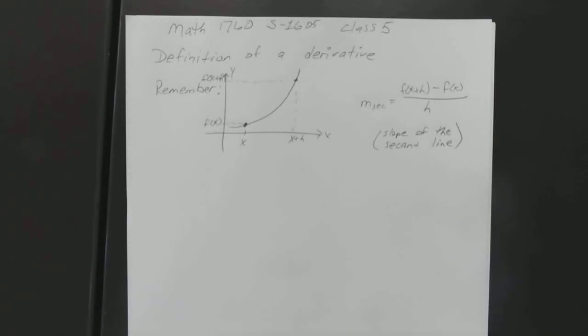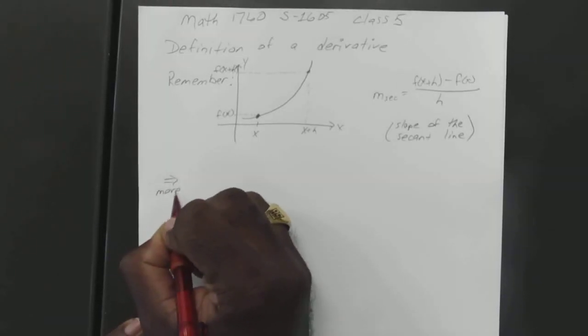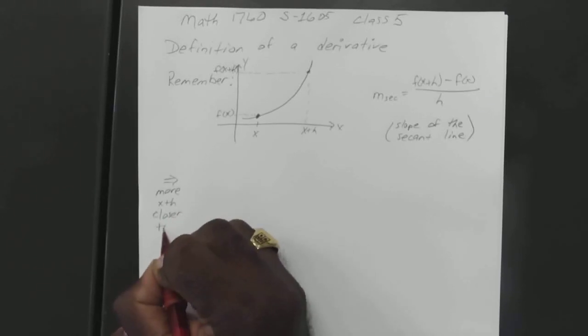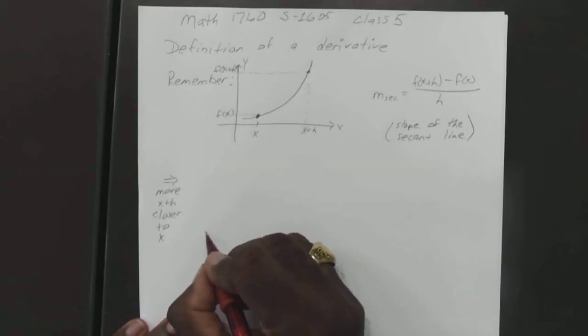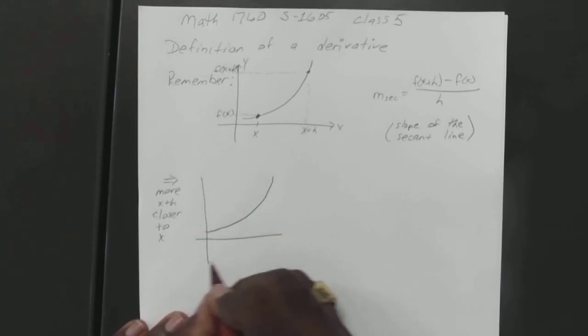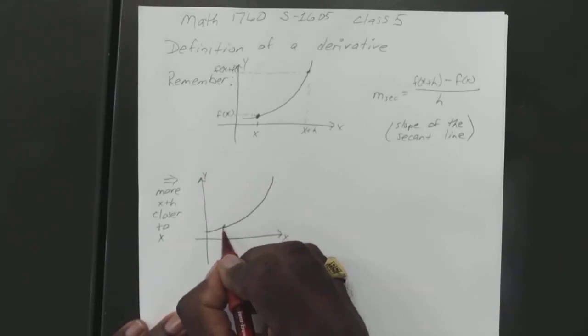Okay, so we noticed before that when we move our x plus h closer and closer to x, let's say we have that same graph, that's our x and that's our y.